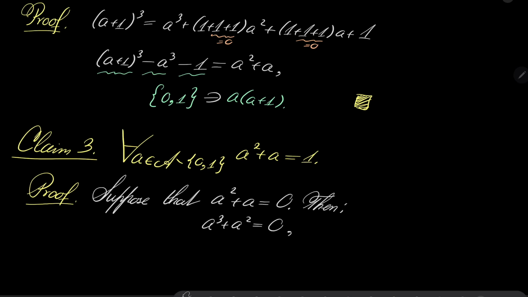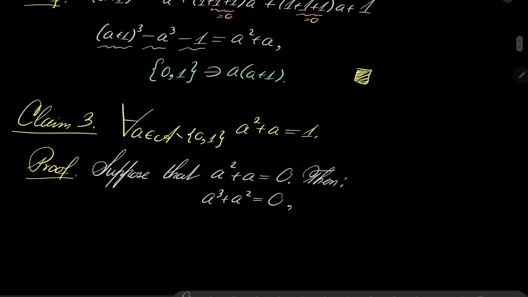So, A cubed, it's either 0 or 1. Notice that A squared equals minus A, and A is the same as minus A. By this equation, minus A is A squared, and by this equation it's the same as minus A squared, so it's A cubed, and A cubed is either 0 or 1.